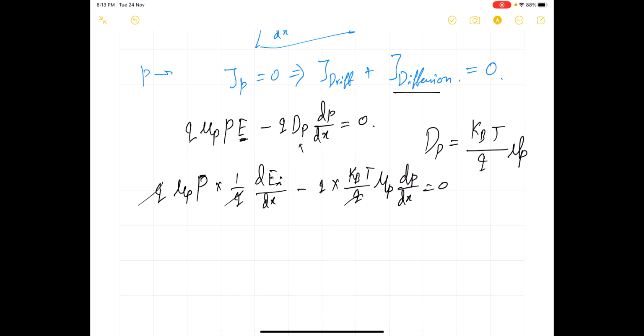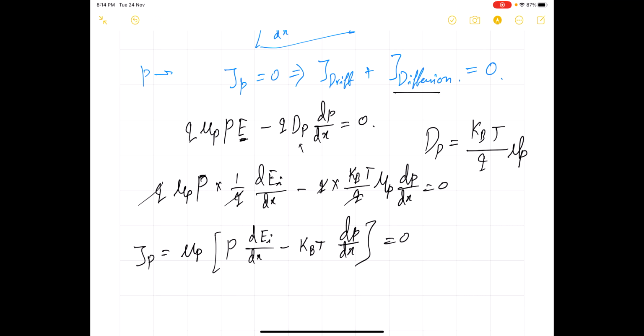Of course q goes away, and we can write the total current as mu p into p d of Ei by dx minus kBT into d of p by dx, which is equal to 0.